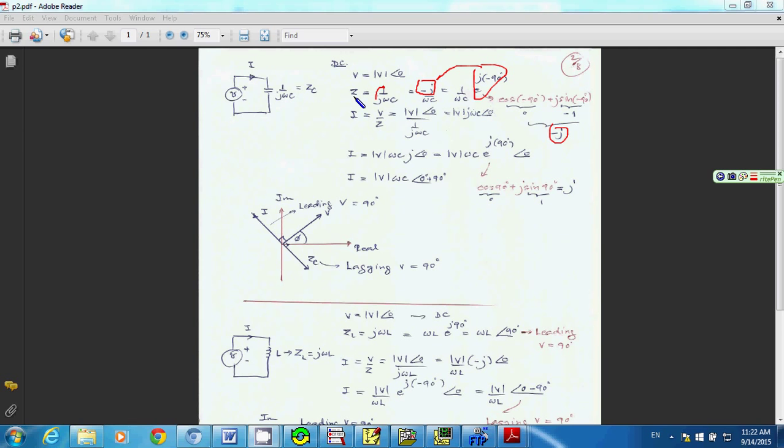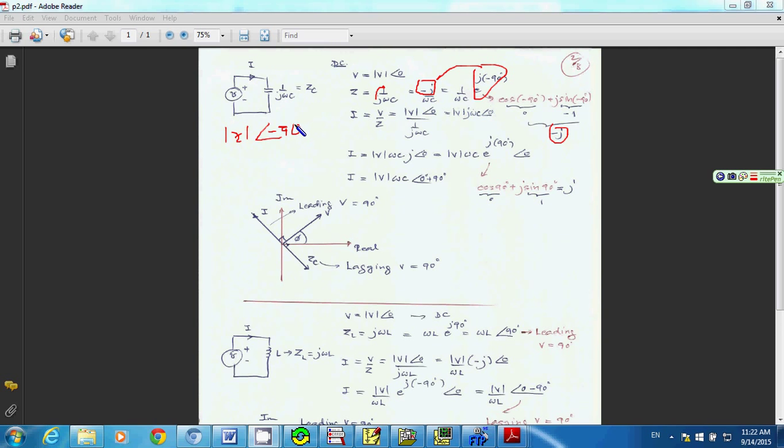Now you can see your impedance has what phase? You can write Z in terms of the magnitude of Z, which is equal to 1 over omega C, the magnitude of the impedance of the capacitor. And then for the phase angle, you put negative 90 degrees in there.